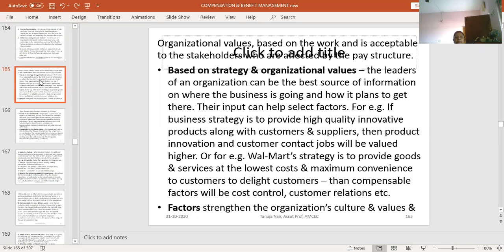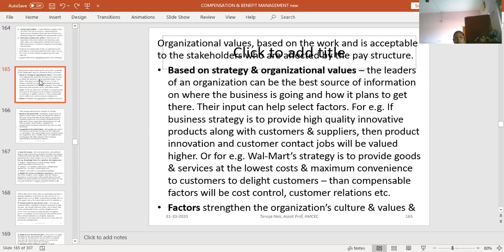So if your business strategy is to produce high quality innovative products along with satisfying customers and suppliers, then product innovation and customer contact jobs will be valued higher in your organization.